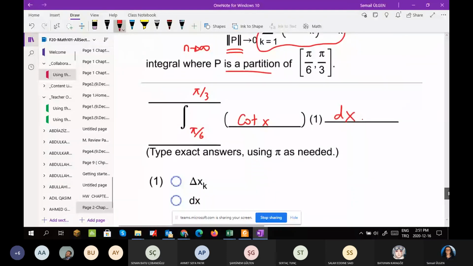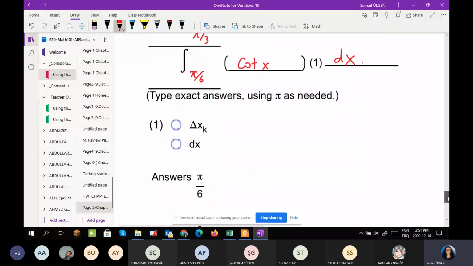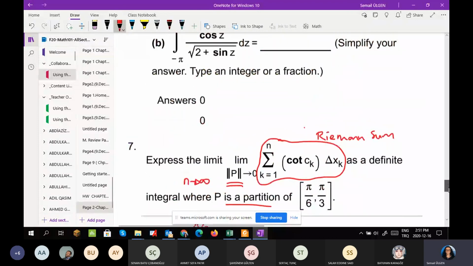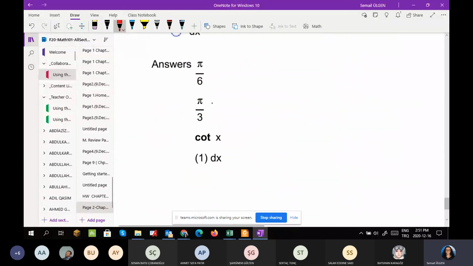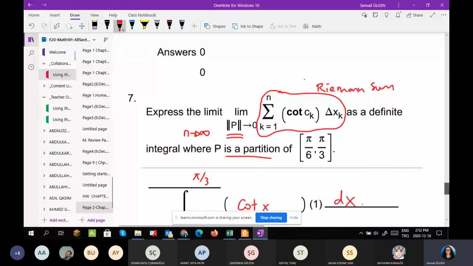The first question is whether it is delta x k or dx. The answer is dx. They don't want you to find the answer, just the limits pi over 6, pi over 3, then the integrand and dx, and you got it all. If you have the limit of the Riemann sum, this is equal to the integration of it as follows.